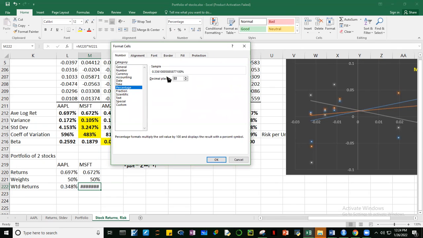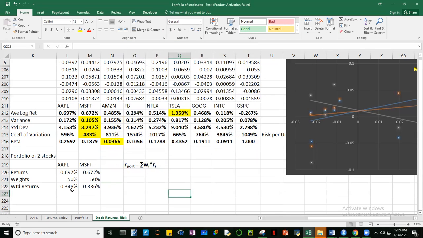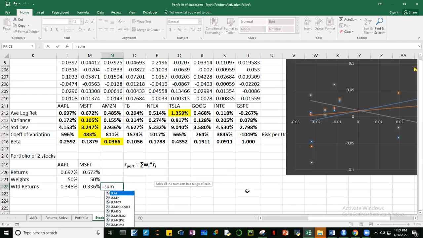At 17%. Okay. So, si Apple, 0.348, si Microsoft, 0.336. No? Therefore, ang return ng portfolio is simply the sum. Sum up lang natin. Sum of the two.